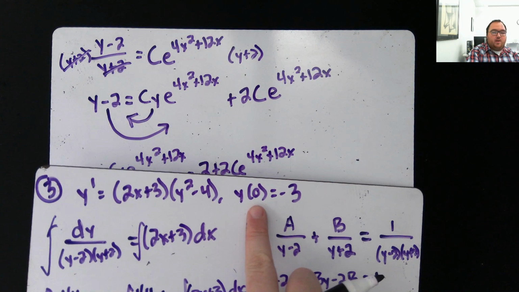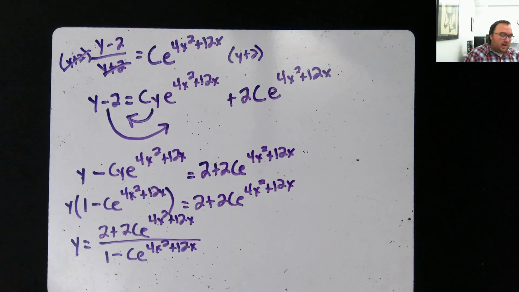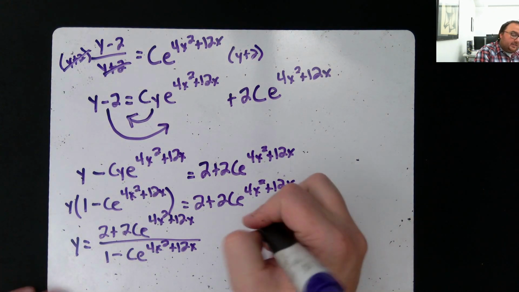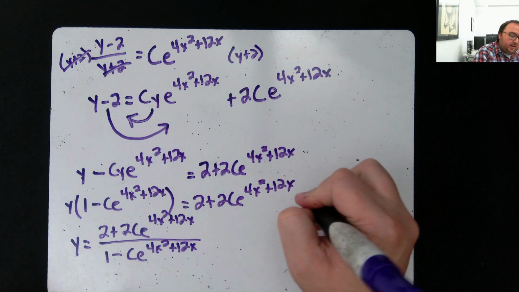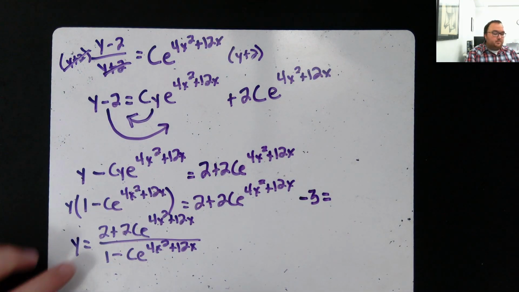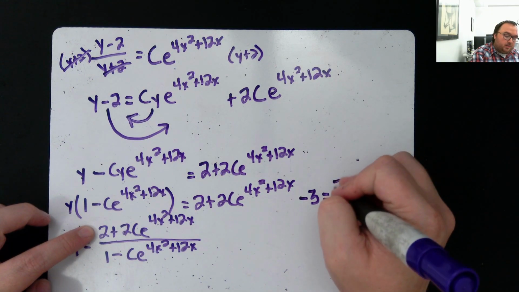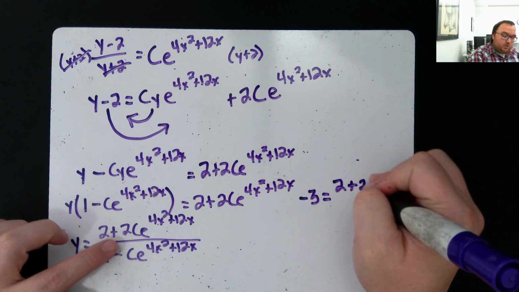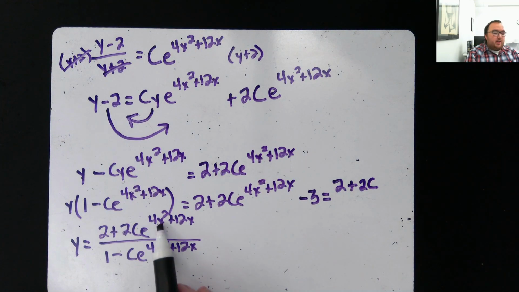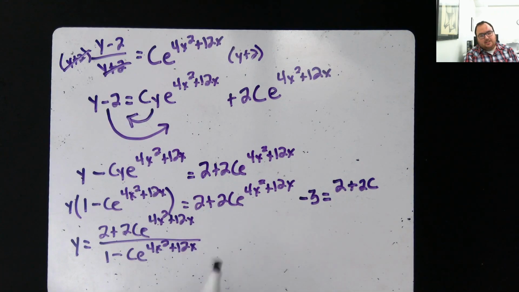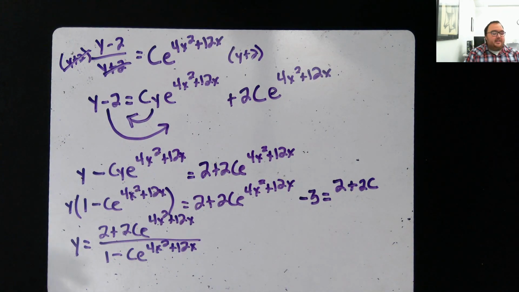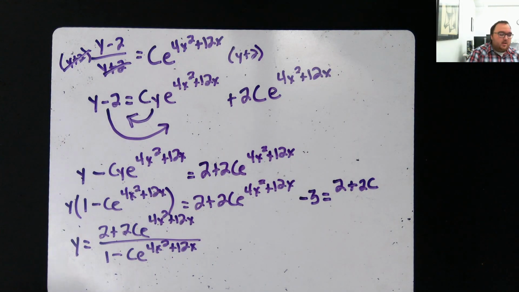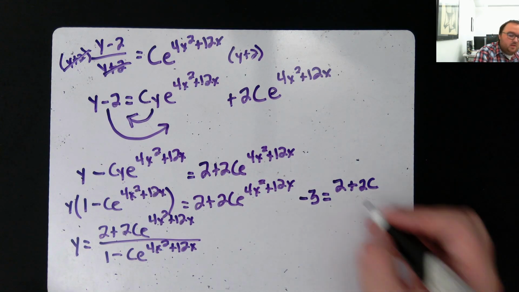We're going to plug 0 in for x, negative 3 in there for the y, and we get negative 3 equals, on top, 2 plus 2c times, if I plug a 0 in here, I'm going to get 0 plus 0, and e to the 0 is just a 1. So it's 2c times 1, so I can just leave it as 2c.